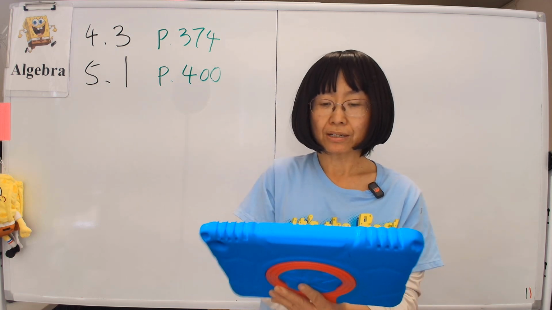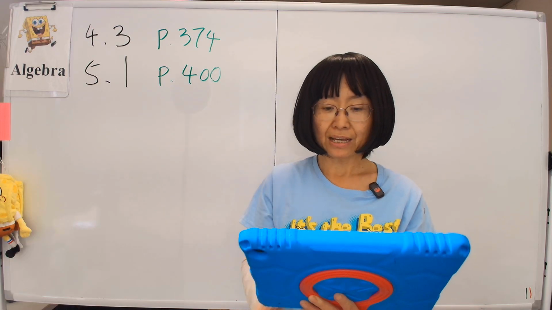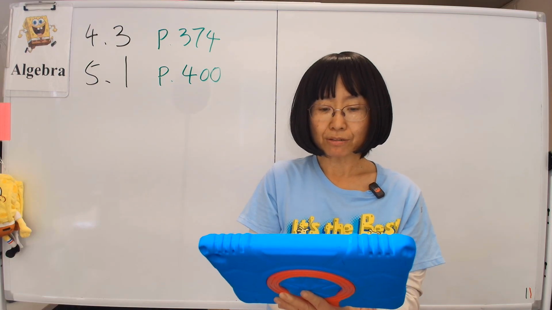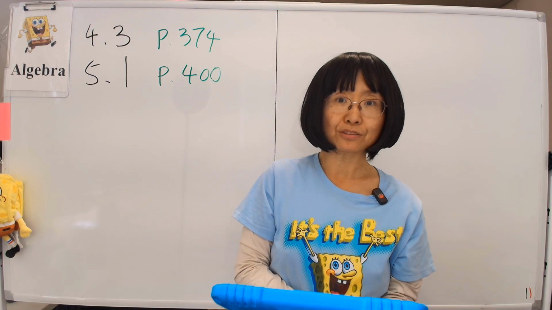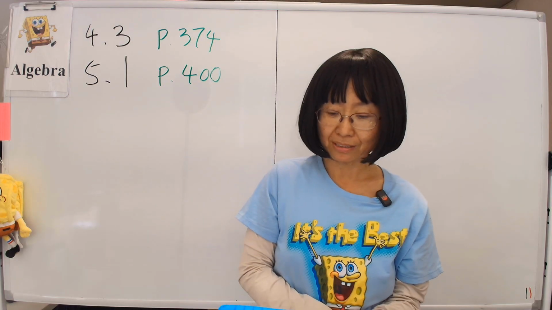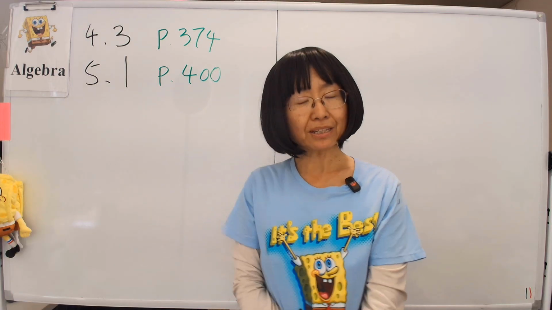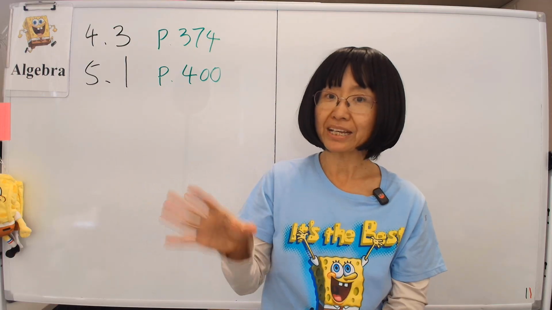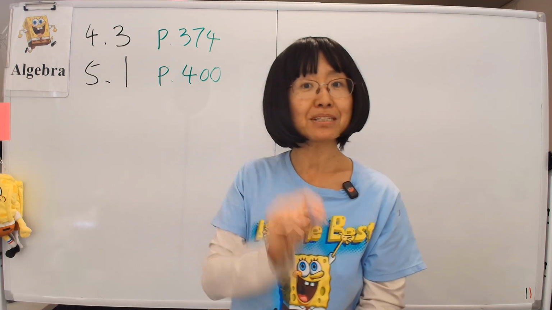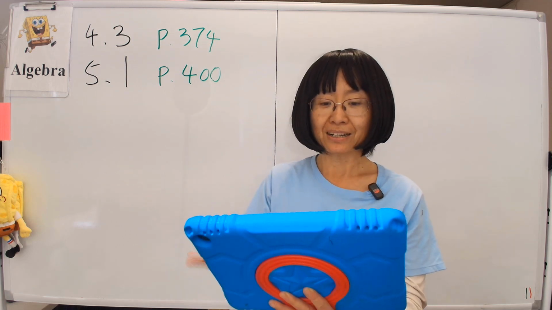Before we turn the page, continuing on page 401, it does mention the good old quadratic formula that I asked you to memorize a couple of chapters ago. If you've forgotten it, please do so right now. The quadratic formula is minus b plus or minus the square root of b squared minus 4ac, all over 2a. Please memorize that if it has slipped your mind.